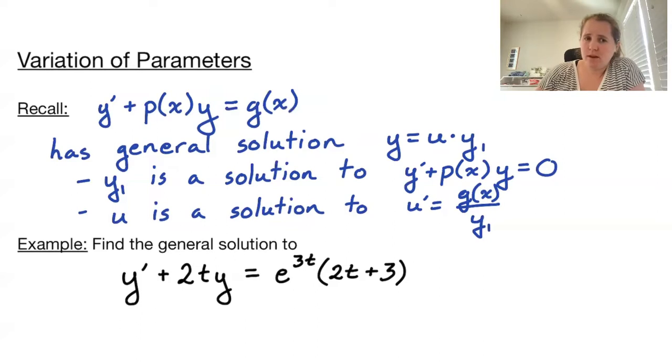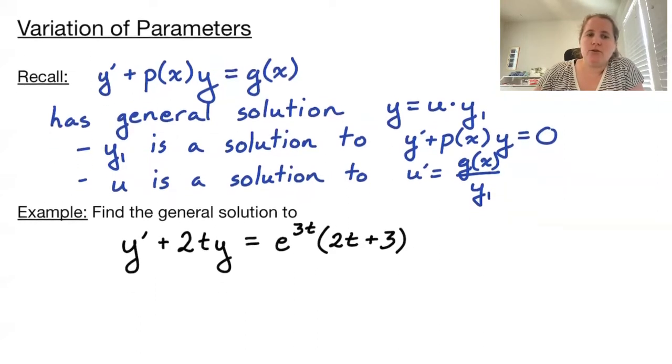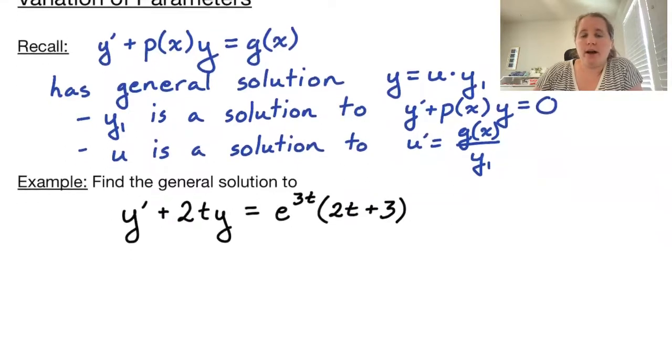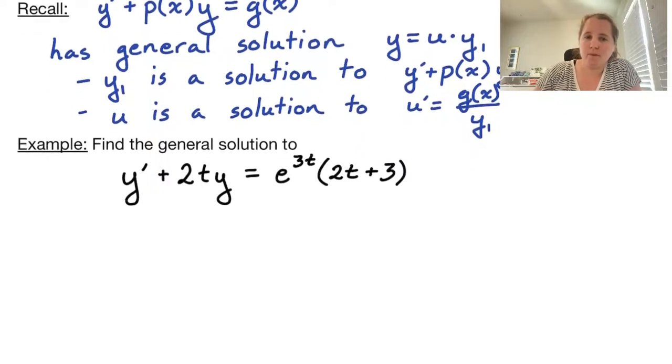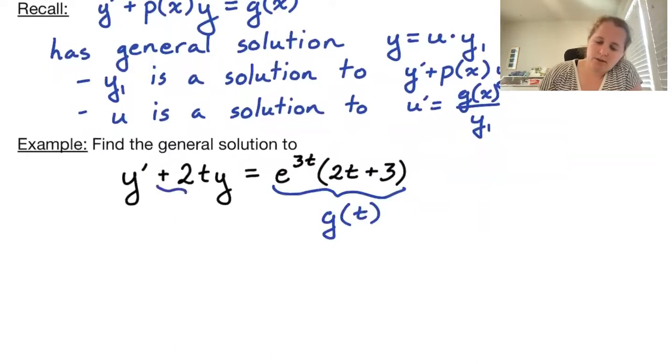So if we want to find the general solution to y prime plus 2ty equals e to the 3t times 2t plus 3, we first need to solve. So e to the 3t times 2t plus 3 is acting as our g of t, plus 2t is our p of t.